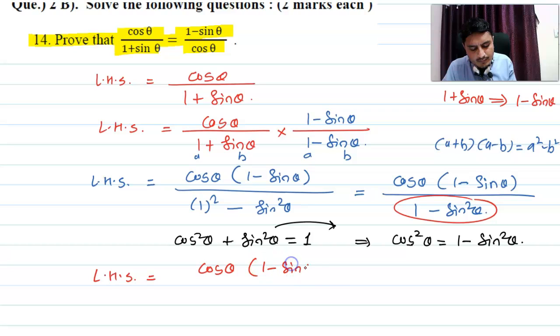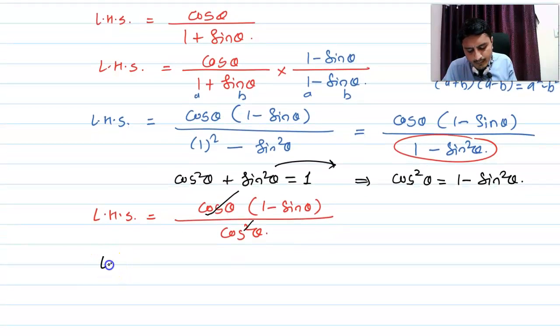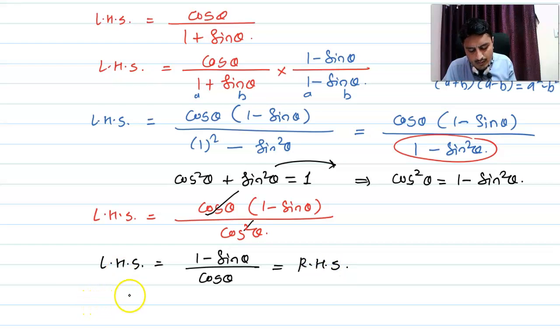The LHS is cos theta into 1 minus sin theta divided by cos square theta. One cos theta from numerator and denominator gets cancelled, so the LHS equals 1 minus sin theta divided by cos theta, which is exactly the same as our RHS. Hence LHS equals RHS.